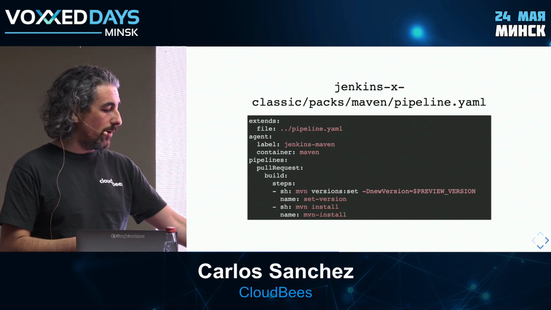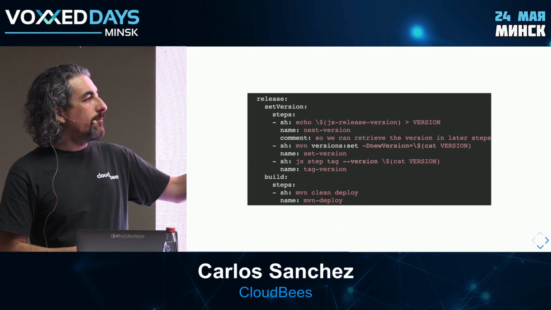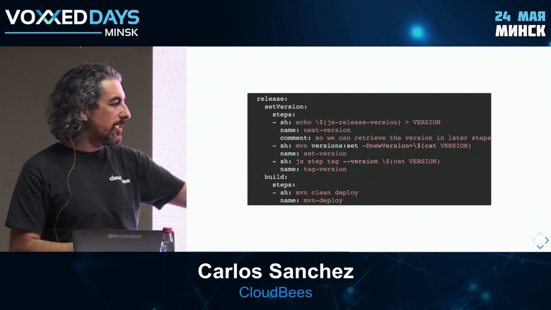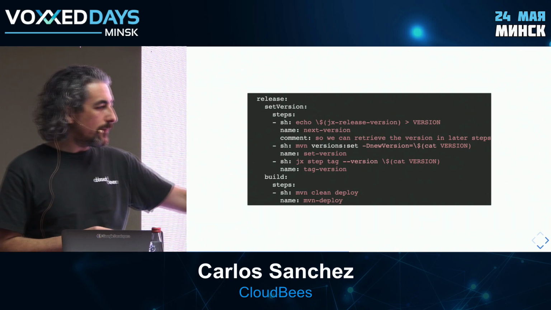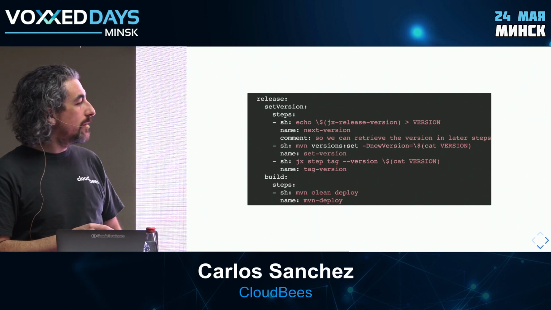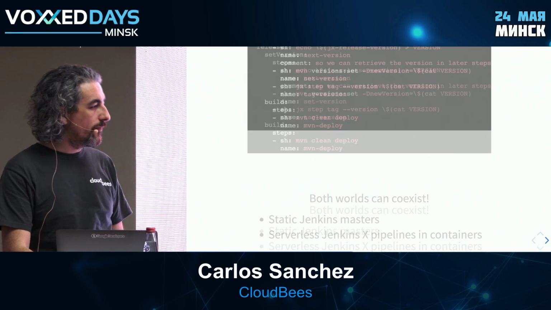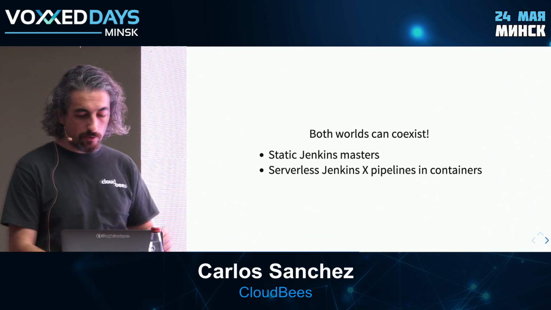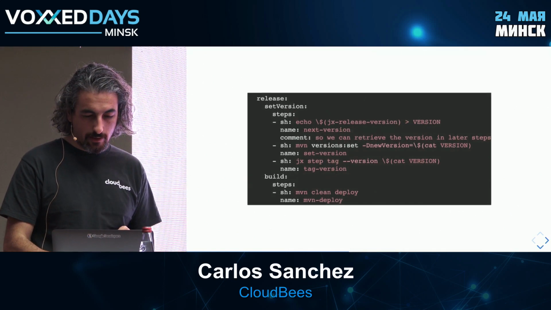It will do a Maven install in the next step. It will save the version for later and set the version in the POM. This is a lot of scaffolding that needs to be done. Then it tags the version, and on the build steps, it's going to do a Maven deploy, and that continues, and I can show you some examples later.